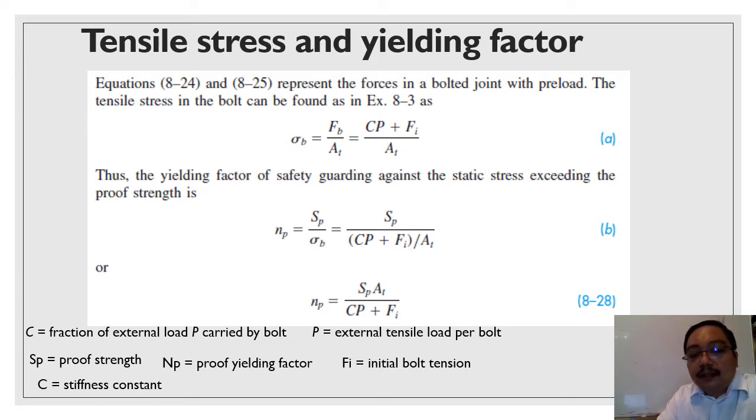S_p equals the proof strength of the bolt itself, C is the fraction of external load, P is the external tensile load, F_i is the initial bolt tension over the area of the thread, and the yielding factor of safety is this equation: n_p equals S_p A_t over (C P plus F_i).